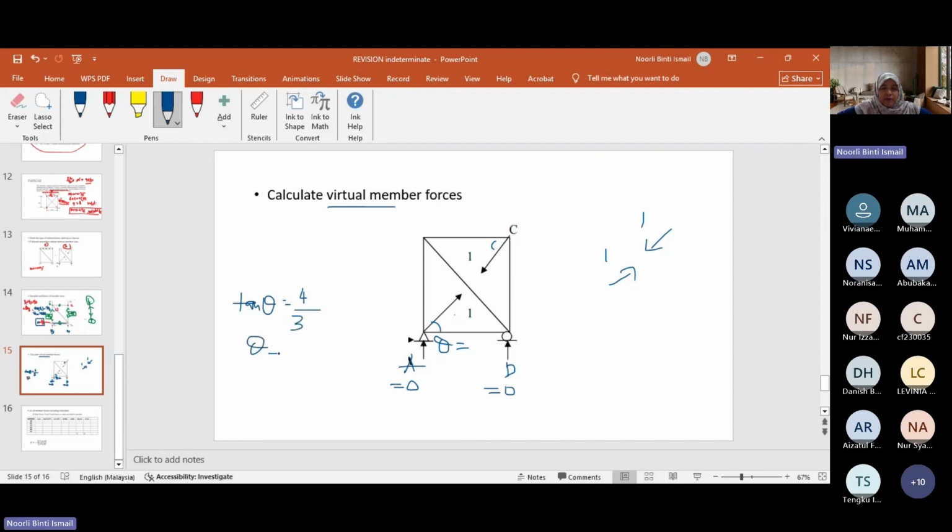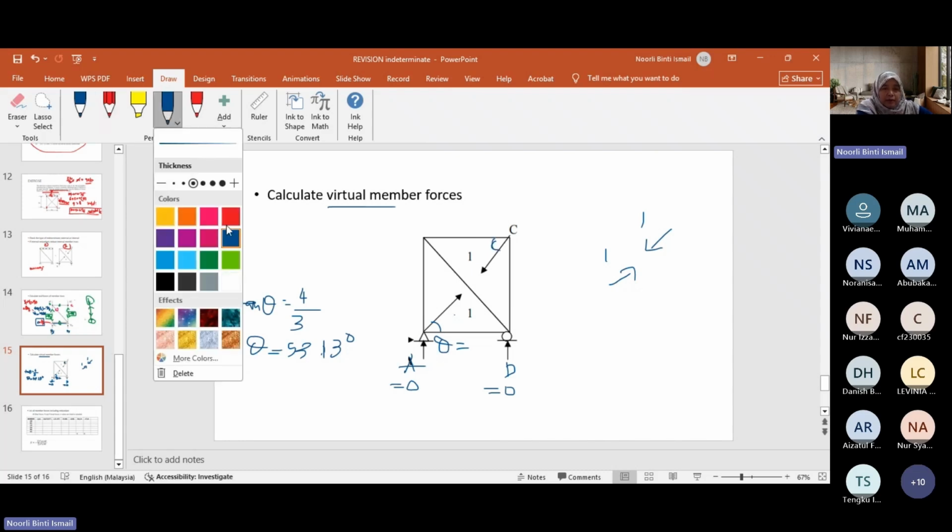So, we will get 53.3 degree. Betul tak? What divided by 3, tangent negative 1. 5313. Kan? Okay. So, and then this one also. This one also 5313 lah.